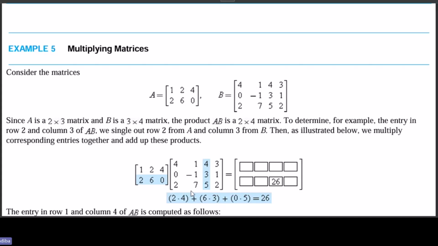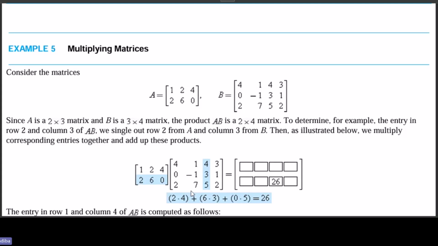So what does that mean? 2 rows, 4 columns. That means we'll take the first row and run it through the first column.